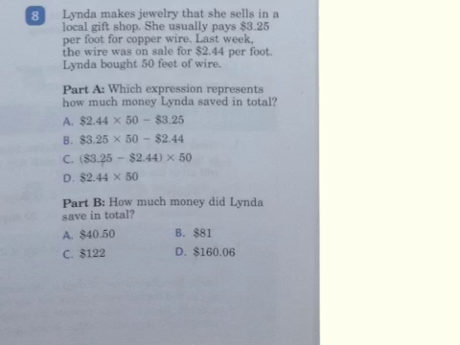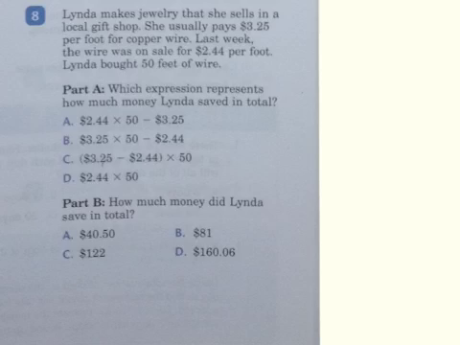Number 8 reads, Linda makes jewelry that she sells in a local gift shop. She usually pays $3.25 per foot of copper wire. Last week the wire was on sale for $2.44 per foot. Linda bought 50 feet of wire. Part A is asking which expression represents how much money Linda saved in total. So let's look at this and see.